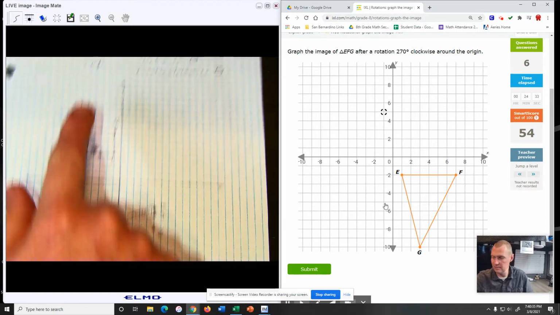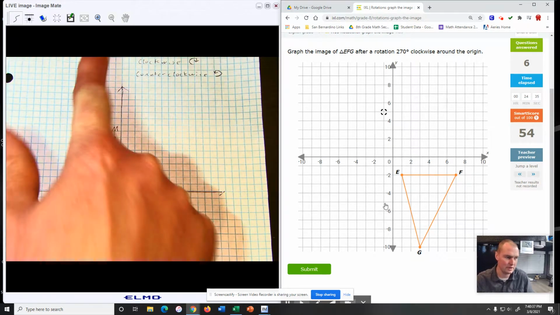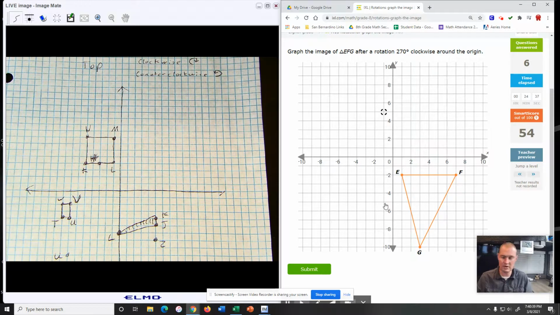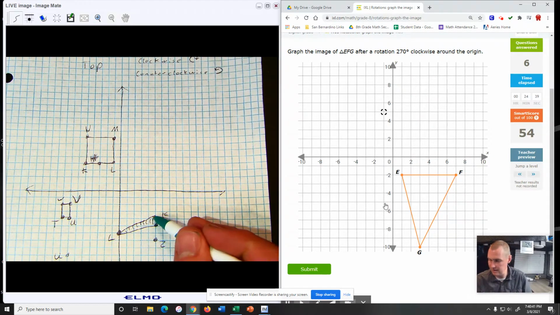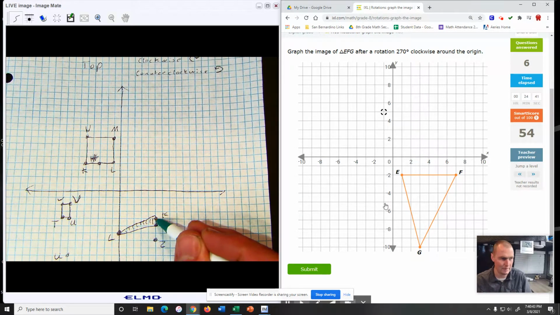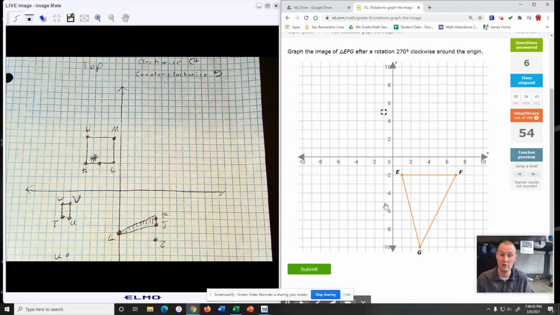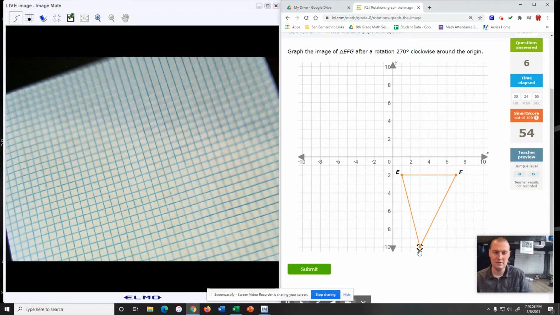And we are here. So I got the top of my top ready to go. Now, notice here, I already have a triangle on my graph paper in this bottom corner, in quadrant 4. Notice on my Excel, we have a rather large object, E, F, and G, also at the bottom right corner. So this is where I make the decision to just simply flip over the graph paper.